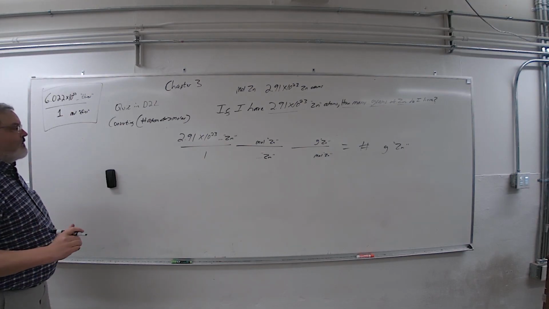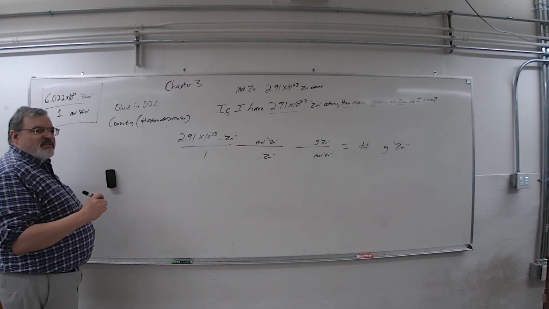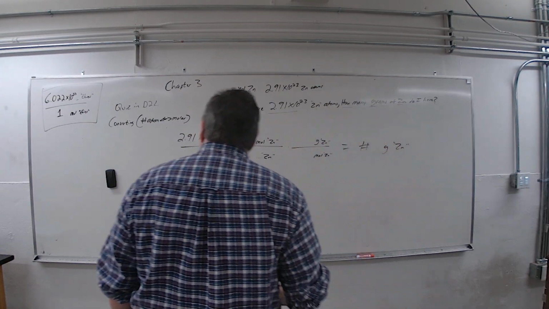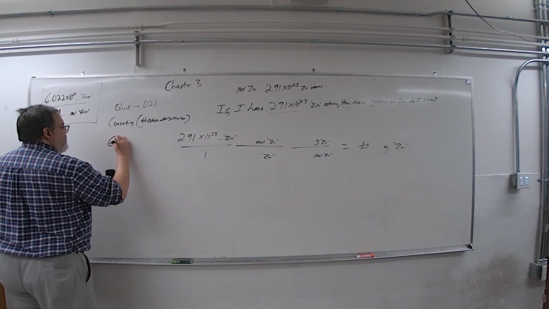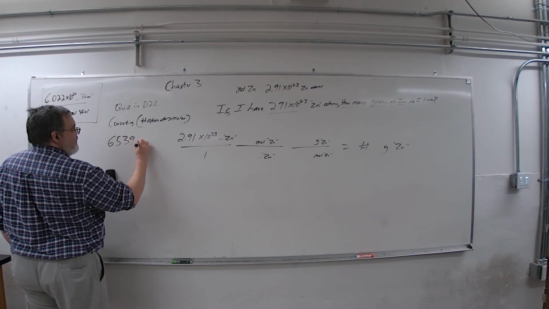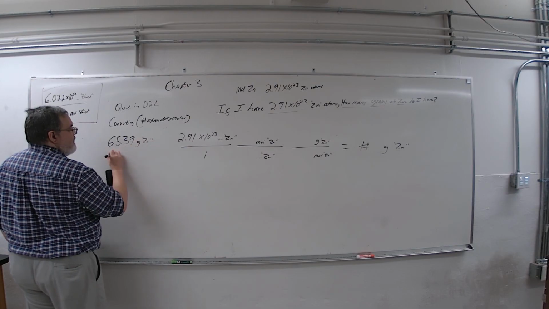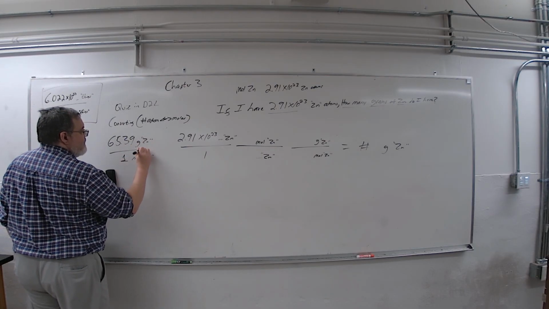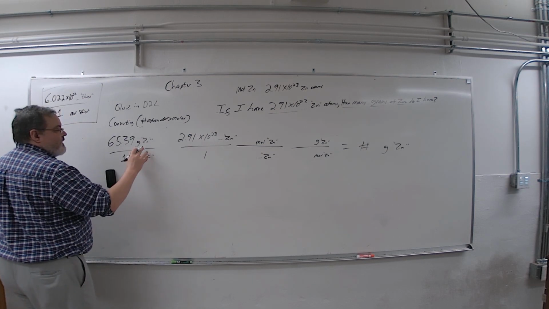What do you see for zinc on the periodic table? Zinc is in the middle too. 65.39. Grams of zinc is 1 mole of zinc. So I'm going to use that there.